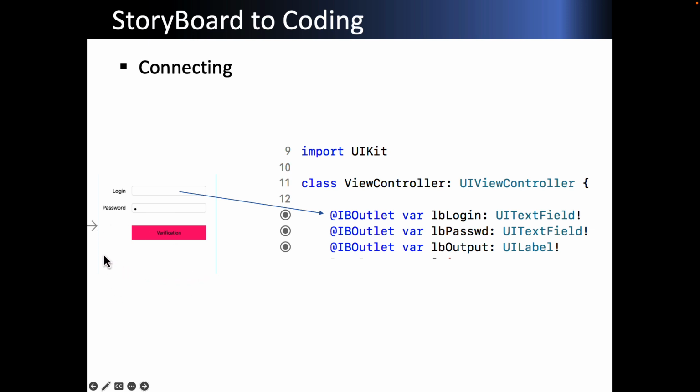So once more, there is a view in your UI kit storyboard, and on the right-hand side, this is the Swift code, where there are multiple variables that you want to deal with. These variables should be connected, linked with the graphical components here.